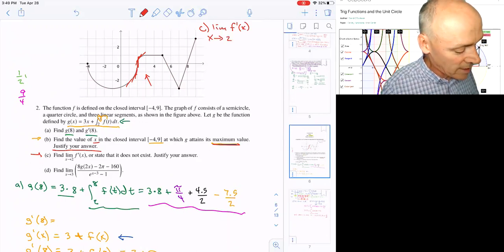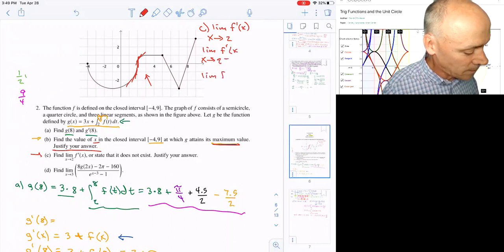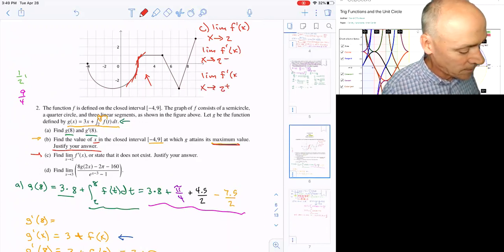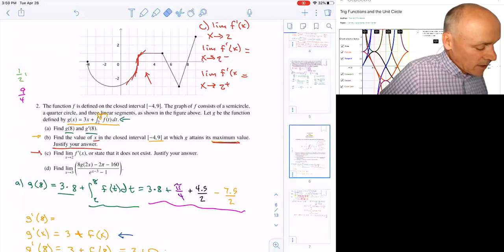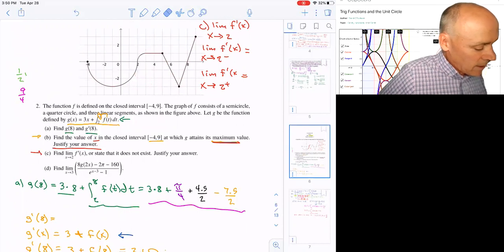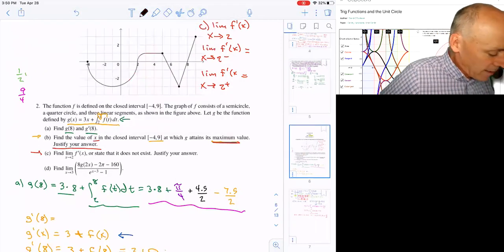What I have to check is the limit of f prime of x as x approaches 2 from the left, and the limit of f prime of x as x approaches 2 from the right. Well, since those are my quarter circle, right here at this point, I'm going to have a vertical tangent.